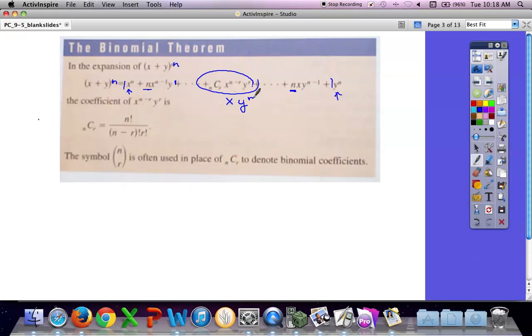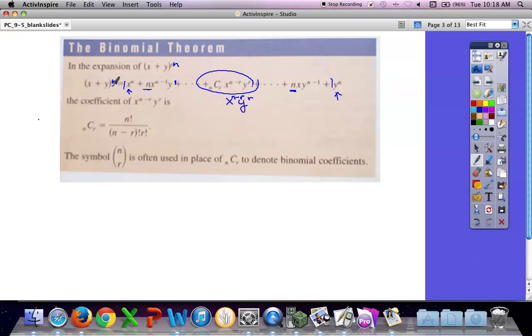In any particular term, whatever is the power of y, that's what we refer to as r. The n is this power. You were raising this x plus y to a power. So the power of x is n minus r. Those two add up to n. For any particular term, if you add up the exponents, it adds up to whatever that power is right there.